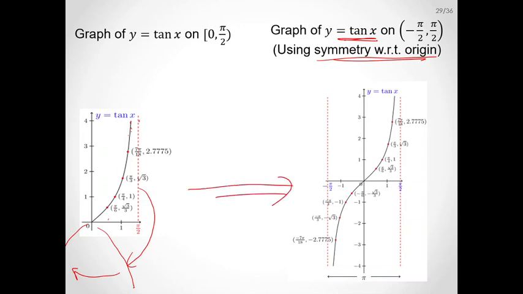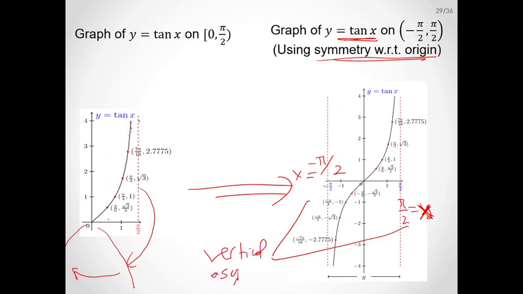Now, let's pay attention to pi over 2 and negative pi over 2. These are called the asymptotes. This is x equal to pi over 2, and this is x equal to minus pi over 2. These are called the vertical asymptotes of tangent x.